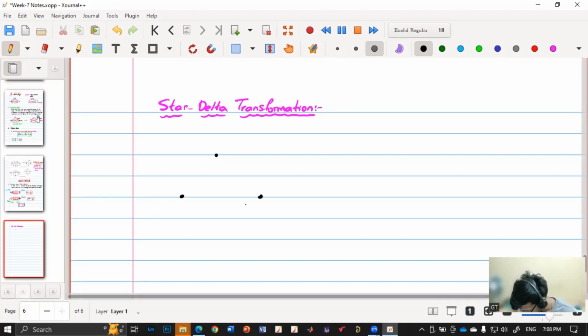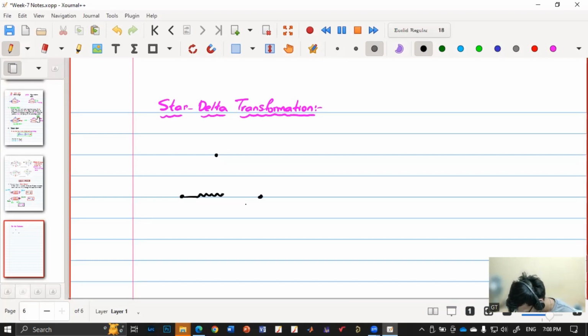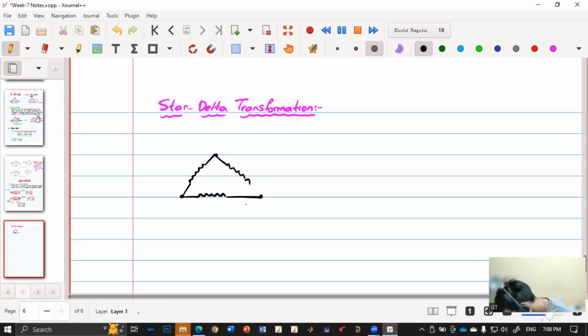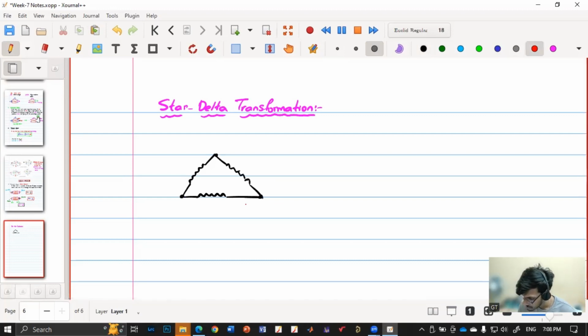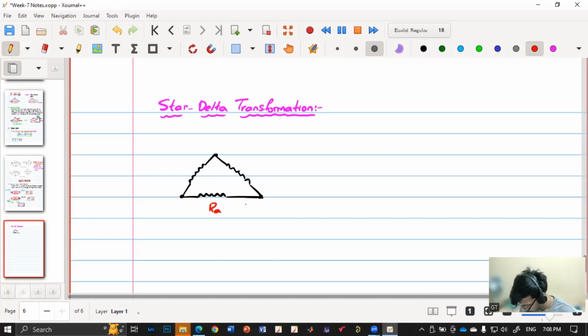So here I have the formula. First, is this star connected or delta connected? Anyone? Delta connected, yes.